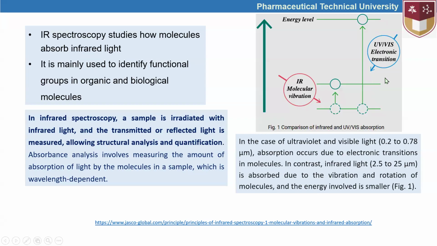It does not mean that the UV or visible spectrum has lower energy. They actually have higher energy, but that photon energy causes these electrons to jump. And here, the photon energy is low. Even if the photon energy is lower, the infrared light causes the molecules on the surface of the matter to vibrate more, so it turns to heat energy more. This is the difference that we have to keep in mind.